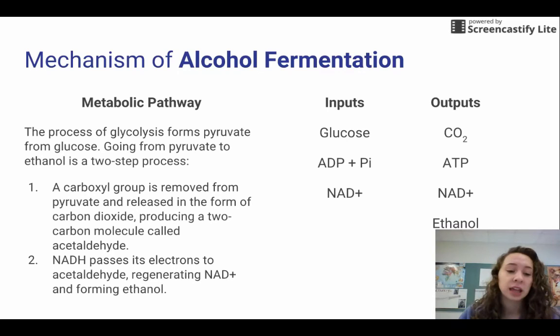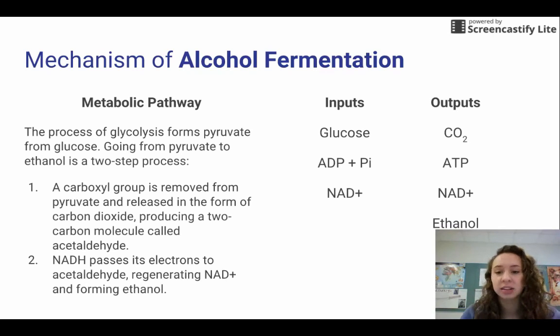And then the NADH passes its electrons to the acetaldehyde, regenerating NAD+ and forming ethanol. So the inputs are glucose, ADP, and NAD+, and then the outputs are carbon dioxide, ATP, NAD+, and ethanol.